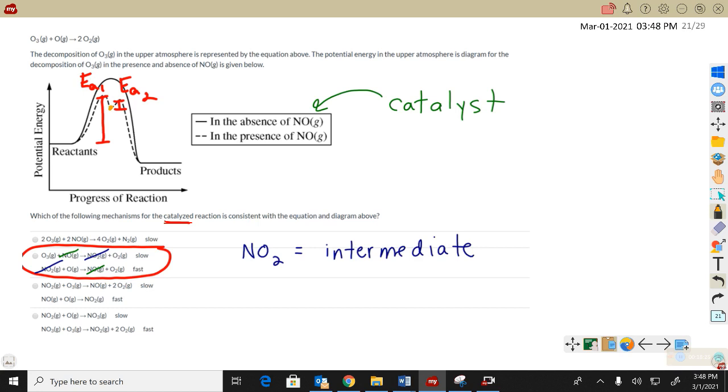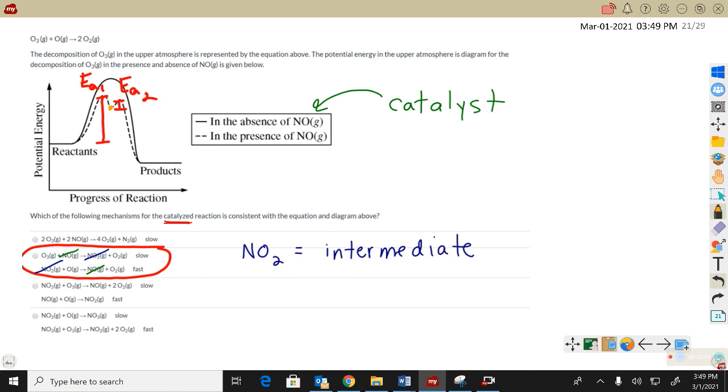And then if I go from those products up to my second transitional state, that would give me the activation energy for the second step in the mechanism. So for sure the slow step needs to be the first step. So I need a two-step mechanism. I need the first step to be slow, and I want it then to simplify to the proper desired balanced equation.